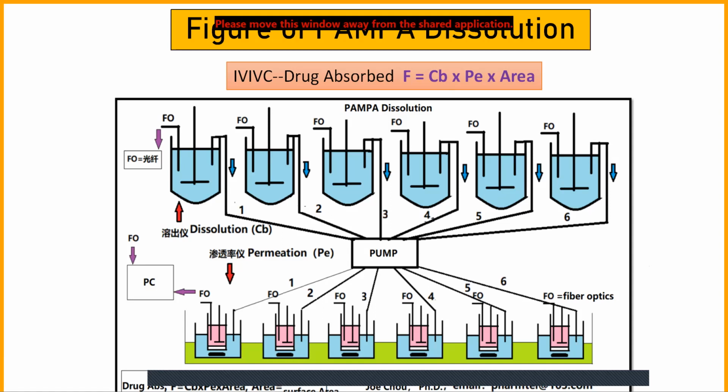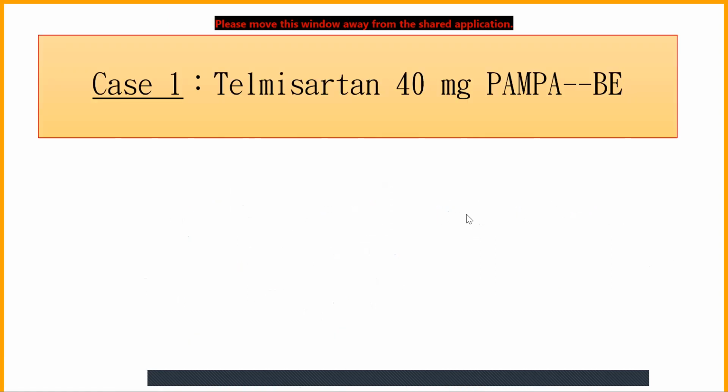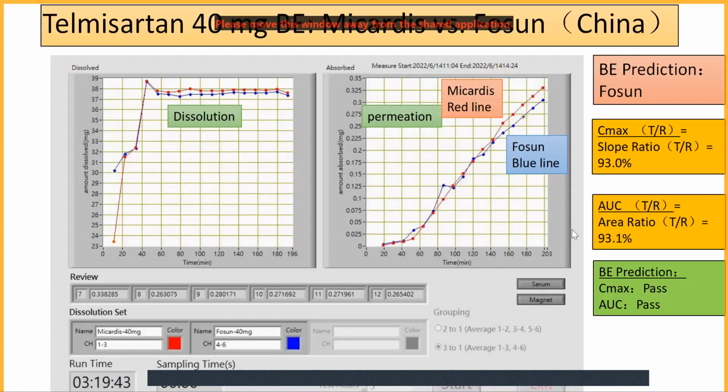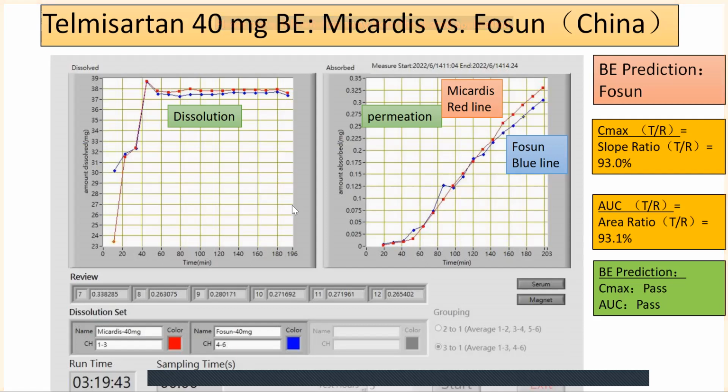By using such a design, we will be able to generate these bioequivalence data. So we can check it out. The first case is telmisartan 40 milligram tested under PAMPA for the BE prediction.